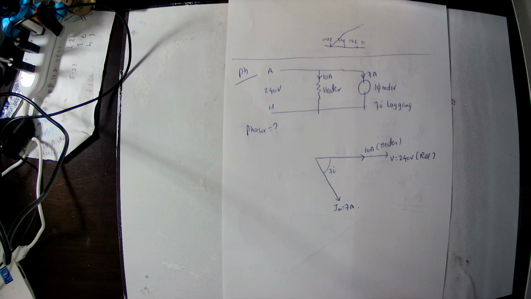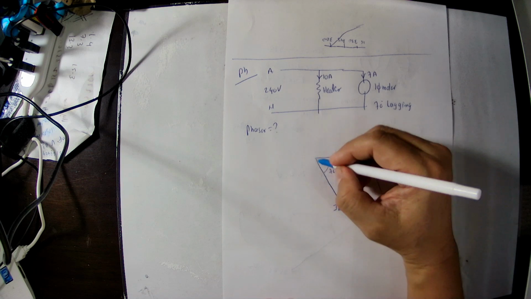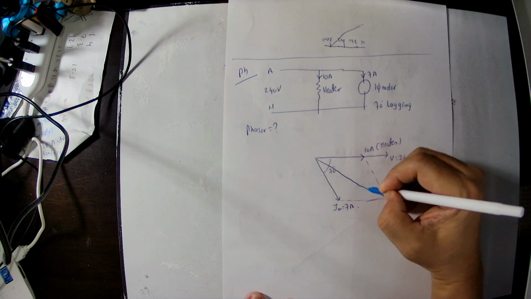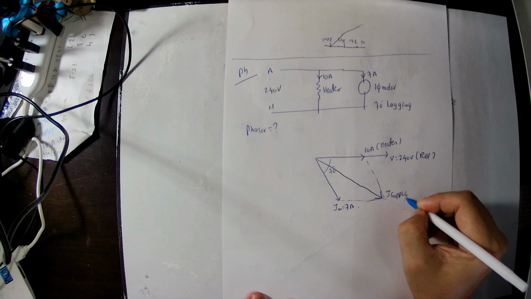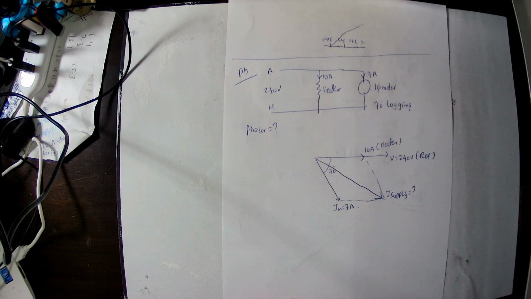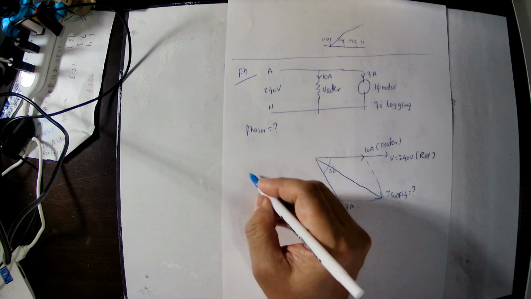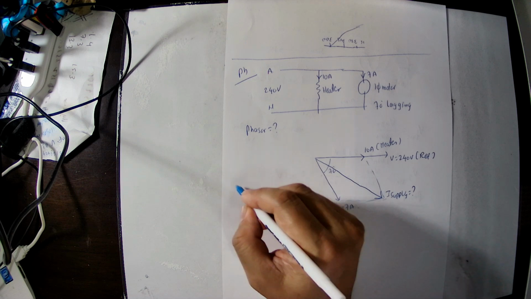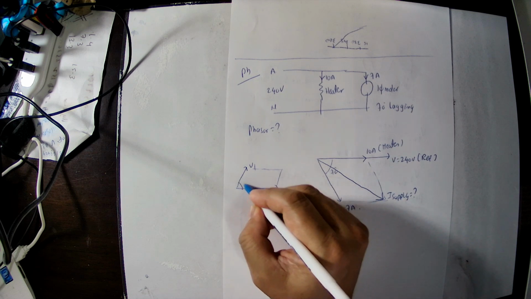And then we need to draw the current from the supply. Here is the current drawn from the supply, the combination. So here to here, this is the supply current. We have to calculate the supply current. In this case, we can write the equation. This supply current is the sum of two vectors like this. Vector 1 is V1, vector 2 is V2, the angle is theta, and this is Vd.